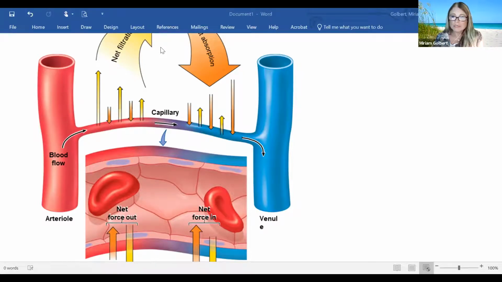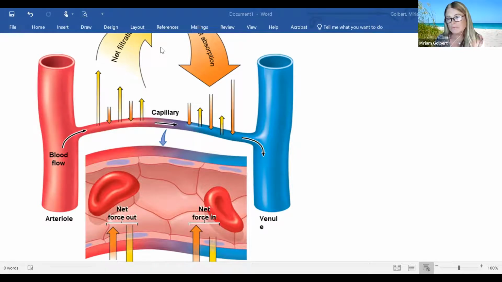With the low blood pressure, tissues don't get what they need because there's not enough force to push things out. With high blood pressure, we're pushing too many things out. And maybe protein may leak and a lot of fluid may leak. And that's the reason that hypertensive patients, most of them will have edema, because this is what's happening at the tissue level.